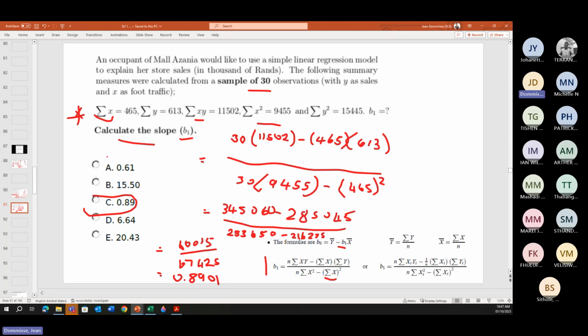So again, if here there was a negative 0.89, then I would probably have said it's one of those two. So those are things you can look out for. Let's say that one was not in there, and there was an extra negative 0.61.